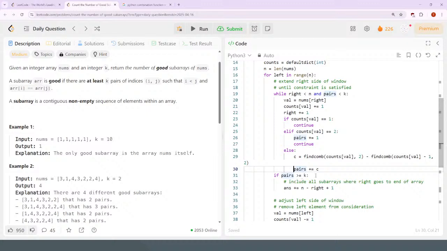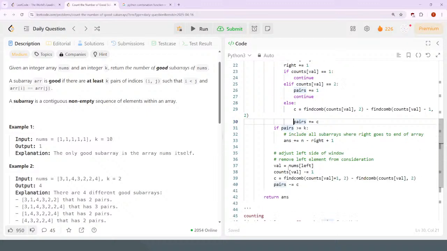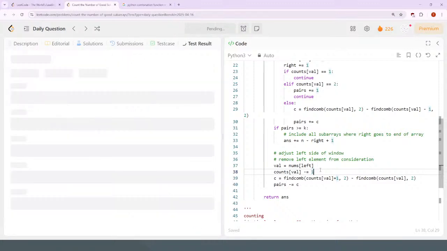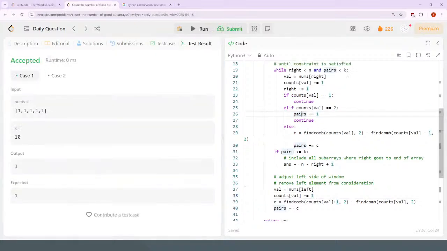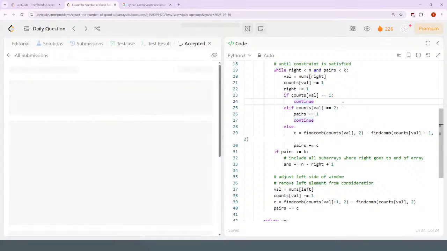Pairs is greater than k. Okay. And then if you remove it from the left side, man, I don't know. This seems the same speed. I don't know how much optimization this does. Technically you only do this once for each right?